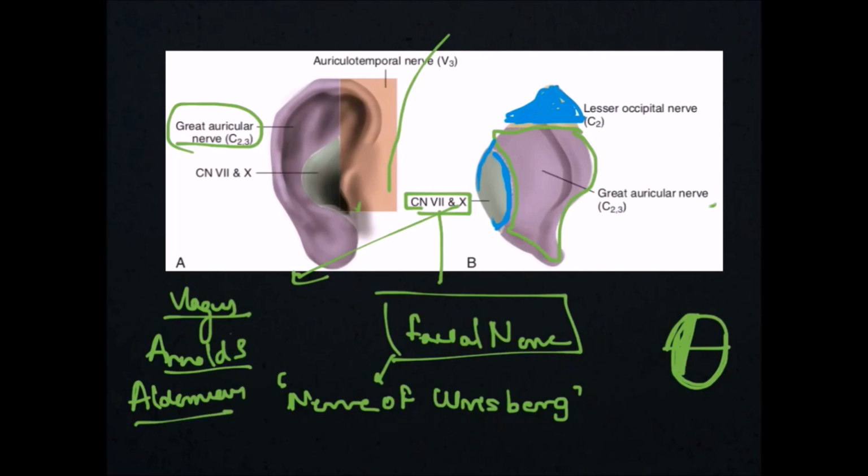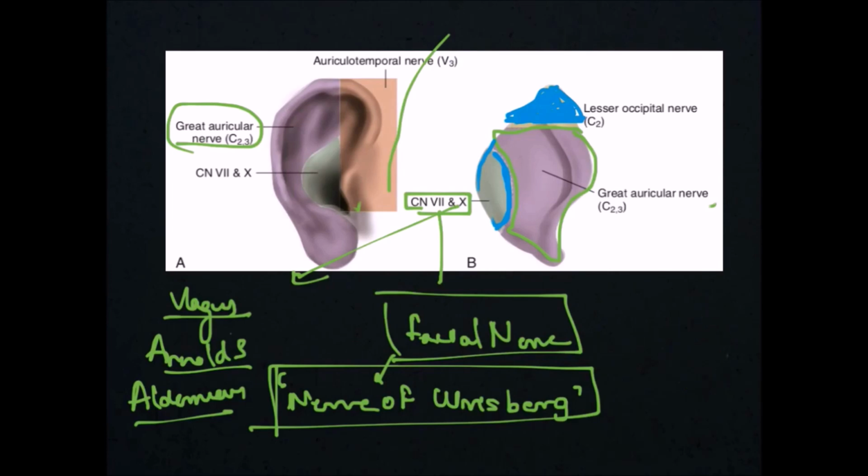Now let's discuss some very interesting and high yield points related to this nerve supply. The nerve of Risberg is the sensory branch of the facial nerve. When there is an acoustic neuroma, I hope you know about the acoustic neuroma. If you don't, we'll see this in the clinical section of the ear.